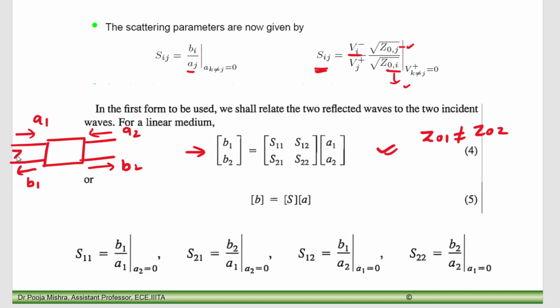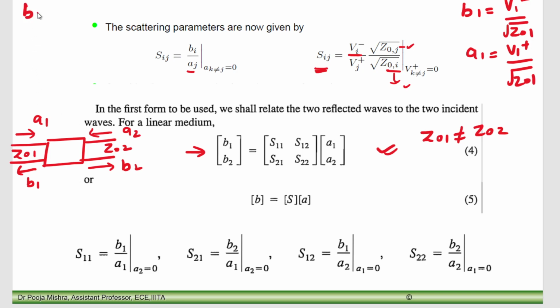Here the characteristic impedances are ZO1 and ZO2, where B1 is equal to V1 minus over under root ZO1, A1 is equal to V1 plus divided by under root ZO1.